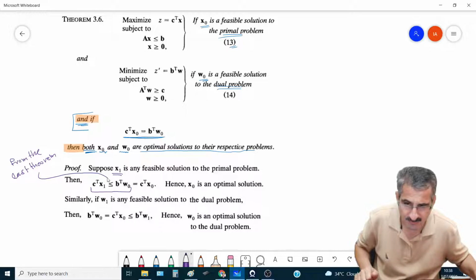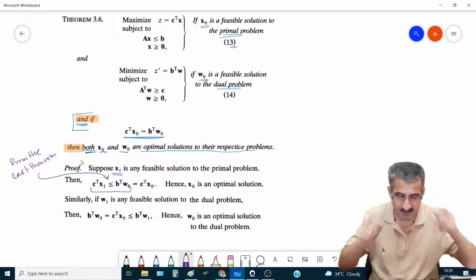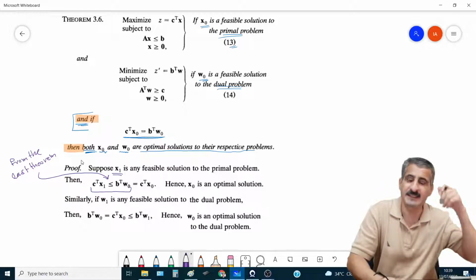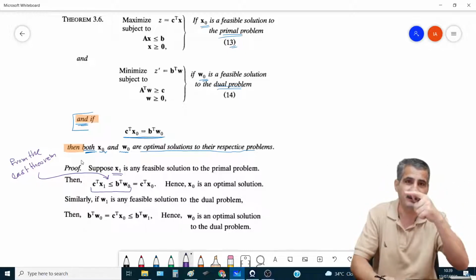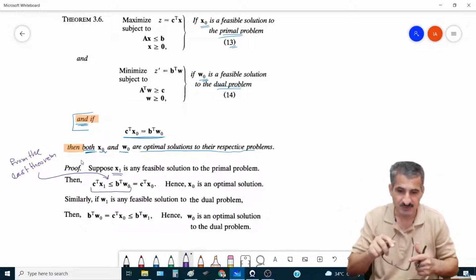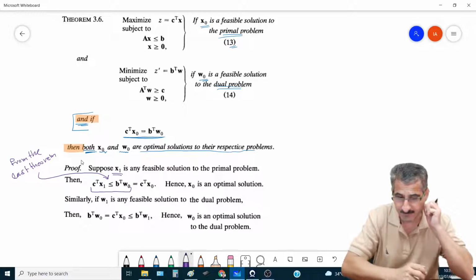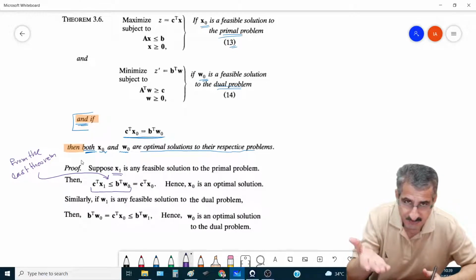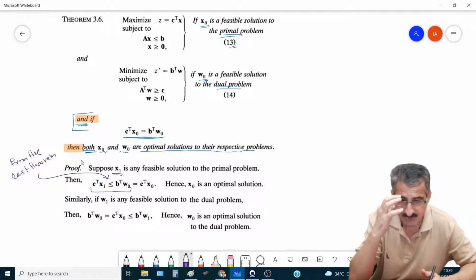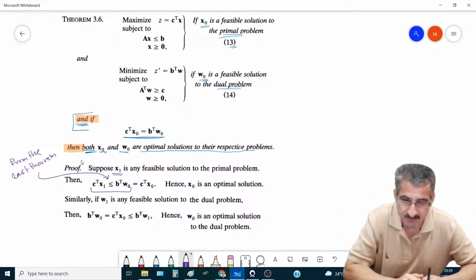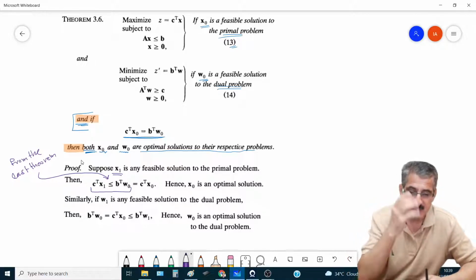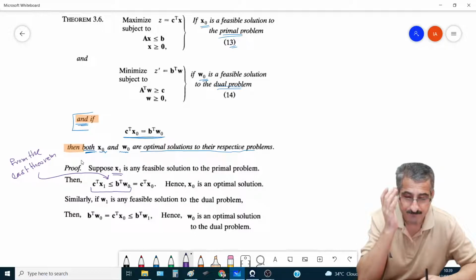We know this inequality because that one says the value of the objective function of the dual at any feasible solution is bigger than the value of the function of the primal at any feasible solution. So c transpose x1 is the value of the original primal, and b transpose w naught is the value of the objective function of the dual.